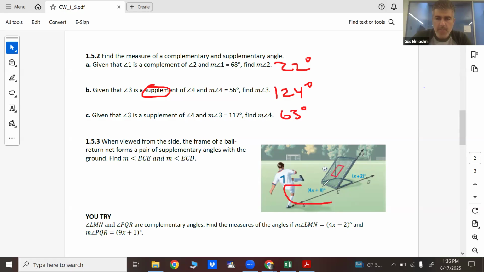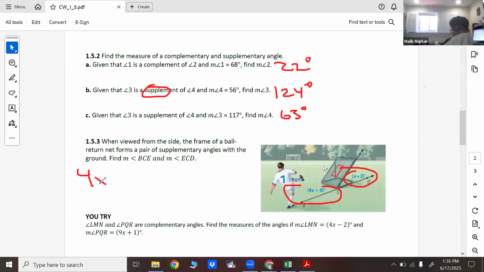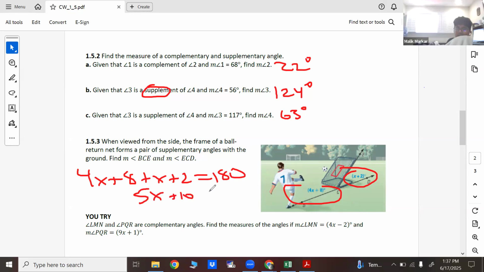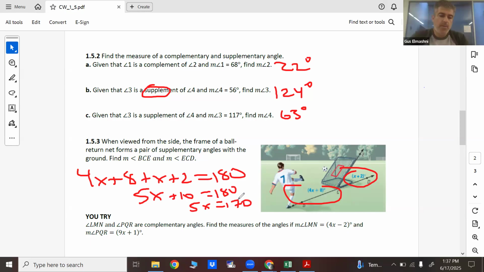If these are supplements, they have to add to 180. So 4x plus 8 plus x plus 2 must equal 180. Pretty easy equation to solve, right? 5x plus 10. Correct. So you want to do 170, which is 34, right?